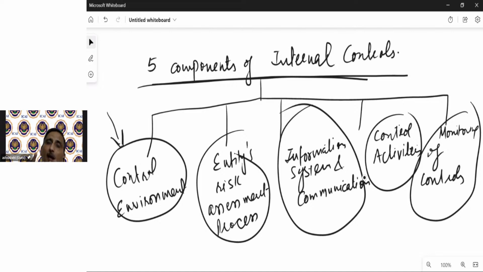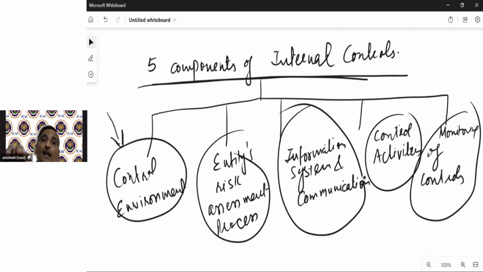It would promote culture of ethical behavior, culture of honesty down the line in the whole organization itself. Say if the senior people in the company listen to their employees, trust their employees, delegate the responsibilities properly and supervise the work, all these kinds of things go to make a satisfactory control environment.